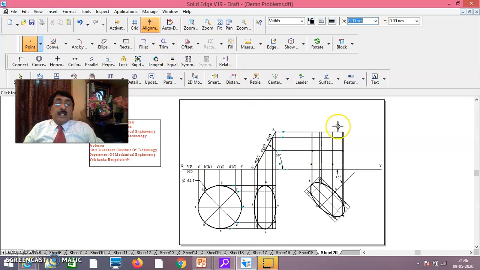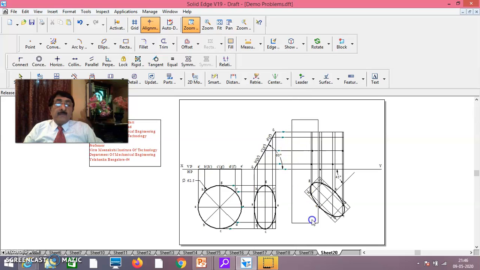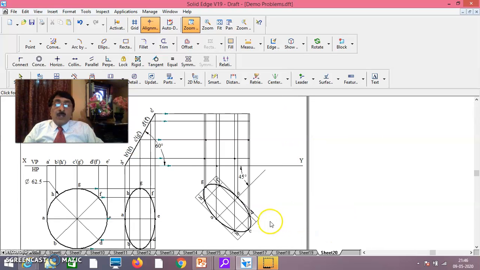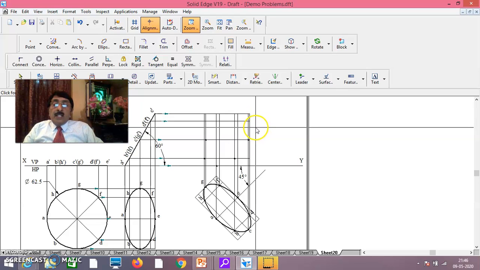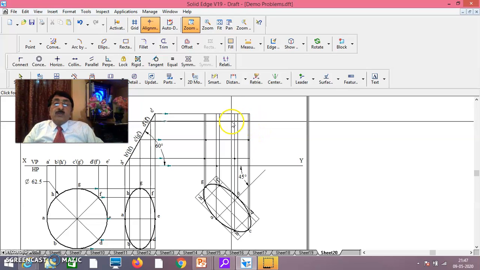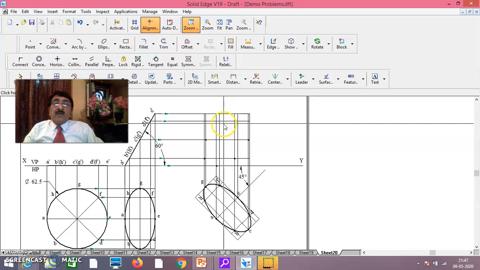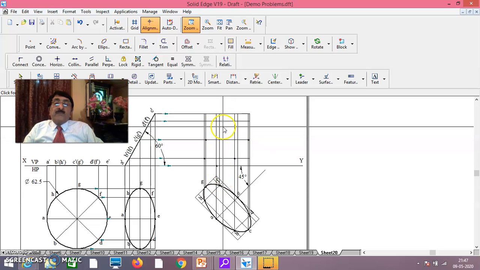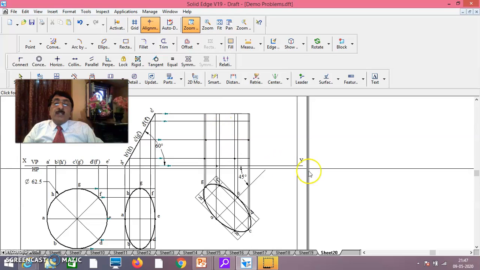D and F, zoom the area. D is on the first line and F is on the 1, 2, 3, 4, 5. I think 5, no, 5, 6, 7, 8.